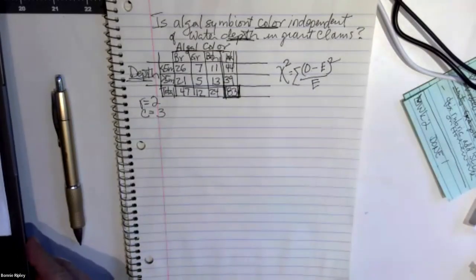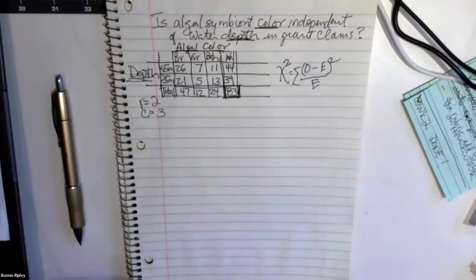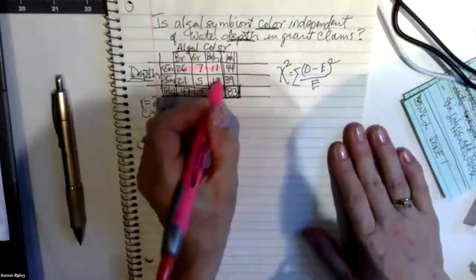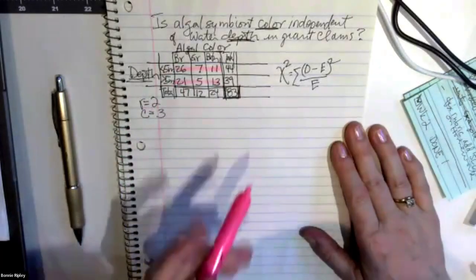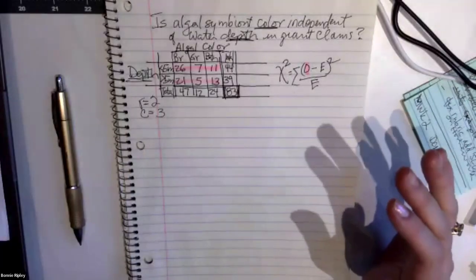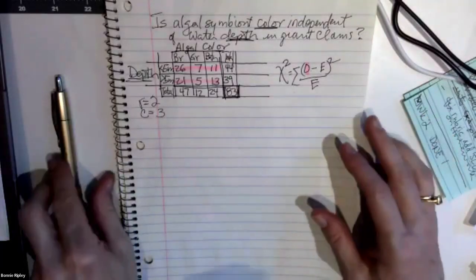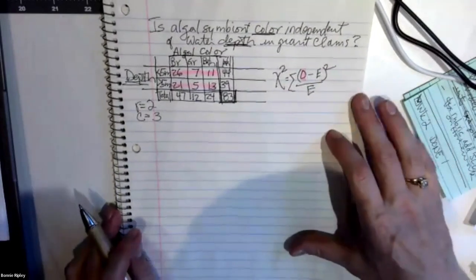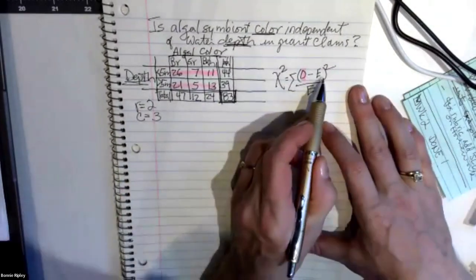Those are our data, and then we're going to use them to calculate our expecteds. I'm going to highlight these and then highlight where we put them into our chi-squared equation, O for observed.